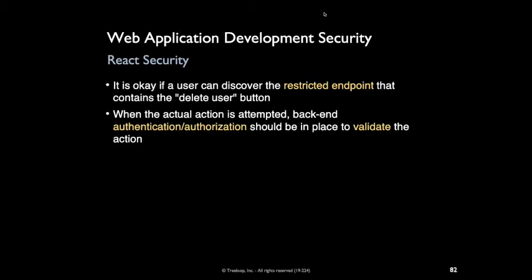Are you actually an admin or not? It does all the necessary validation. So it's okay if the user can discover that restricted endpoint containing the delete button, because when the actual action is attempted, the backend is supposed to check all the authentication and authorization in place to validate that action.